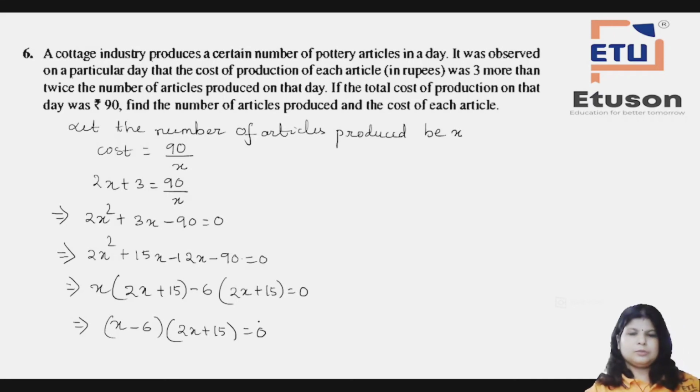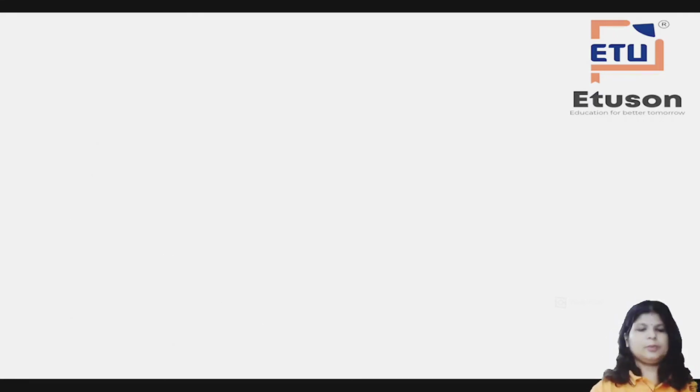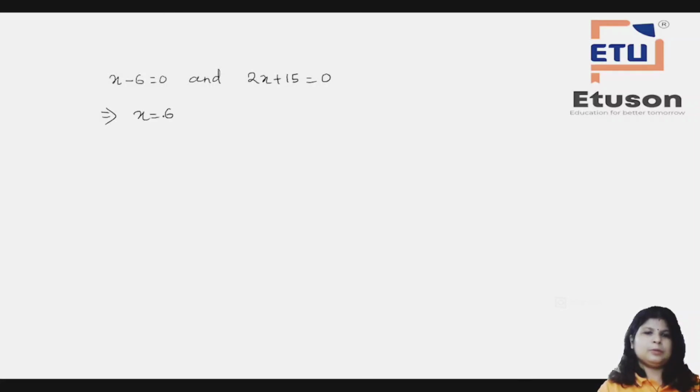Correct or not? So now let us find out the roots. So you have x minus 6 is equal to 0 and you have 2x plus 15 is equal to 0. It implies your x will be equal to 6 and x is equal to minus 15 by 2.